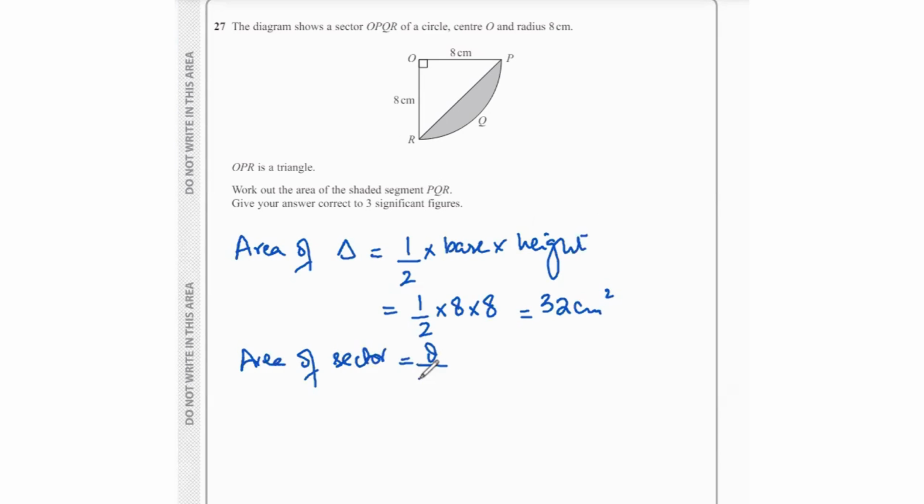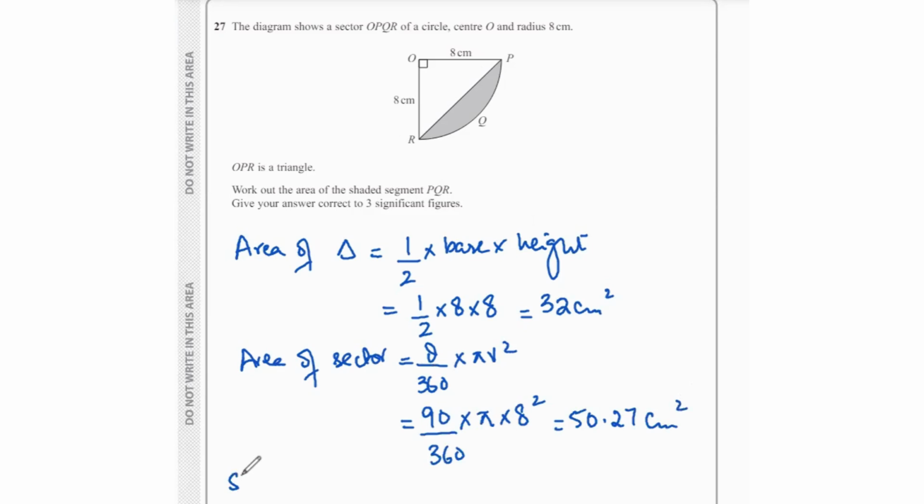using the formula theta over 360 times pi r squared. So that's going to be 90, because that's the angle of the sector, over 360 times pi times 8 squared, and that will give you 50.27 centimeters squared.